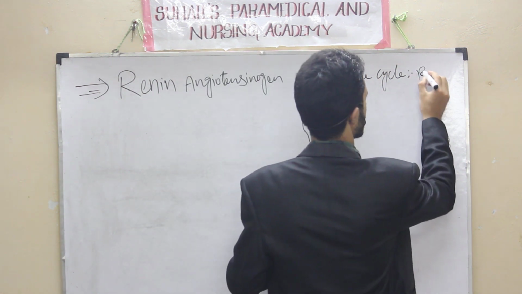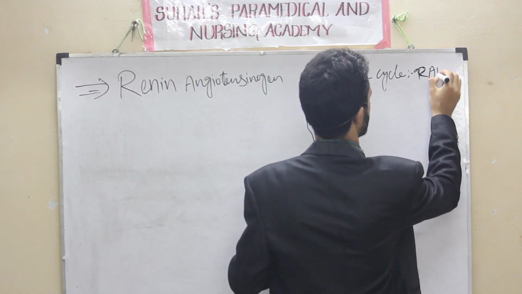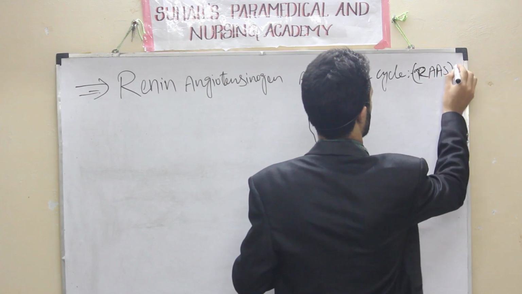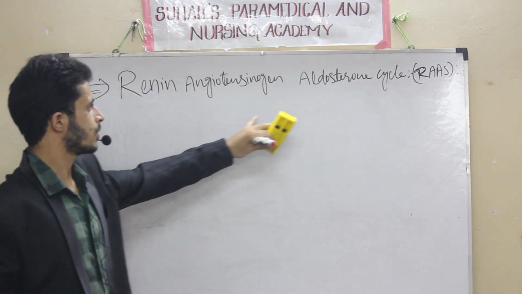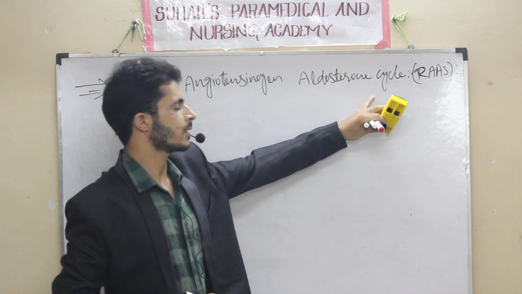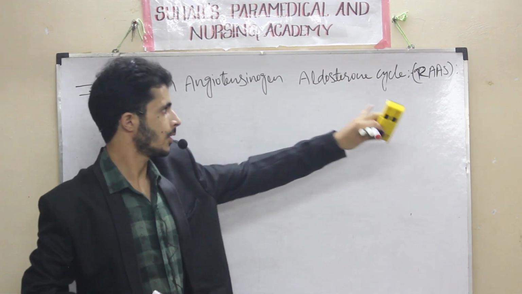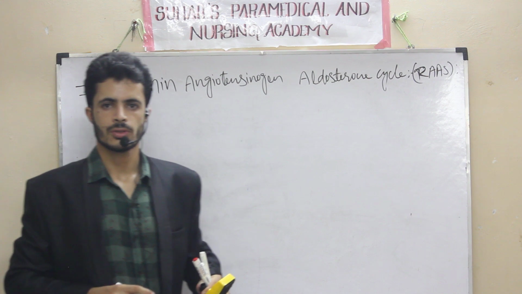That is also called RAAS. RAAS means renin angiotensinogen aldosterone cycle.